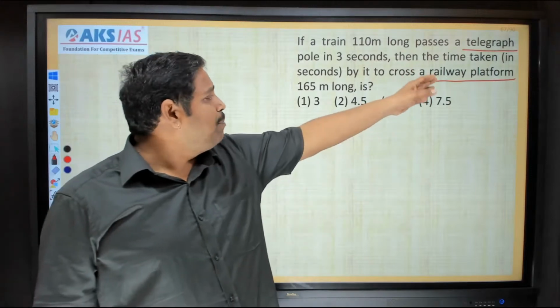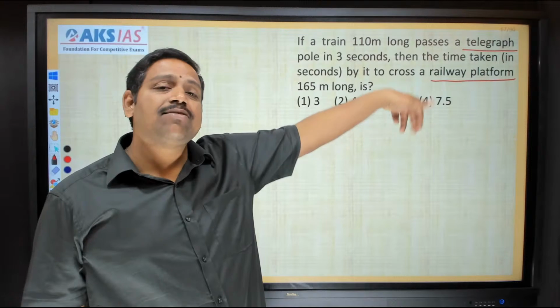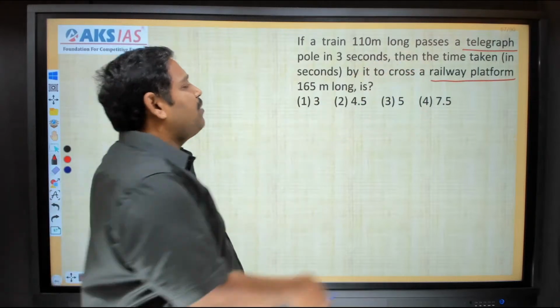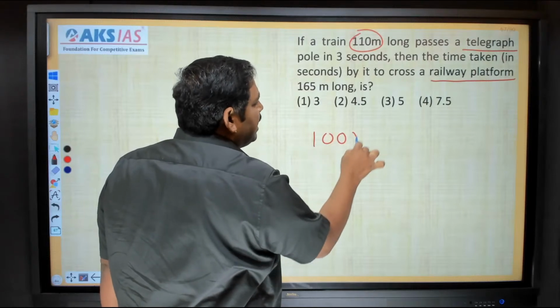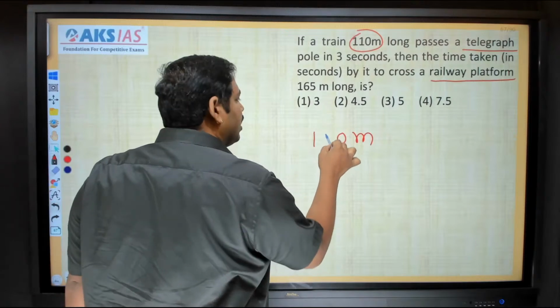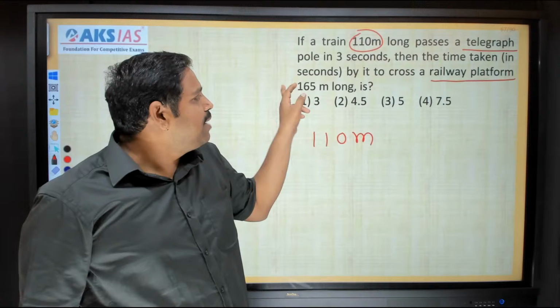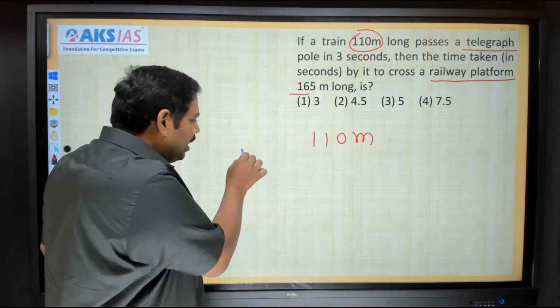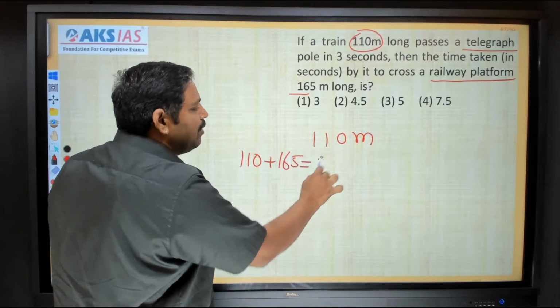When it is crossing a platform, it has to travel the train length as well as the platform length, that is 110 and 165. That means it has to travel 275 meters.